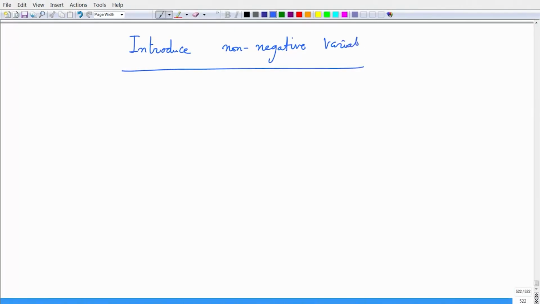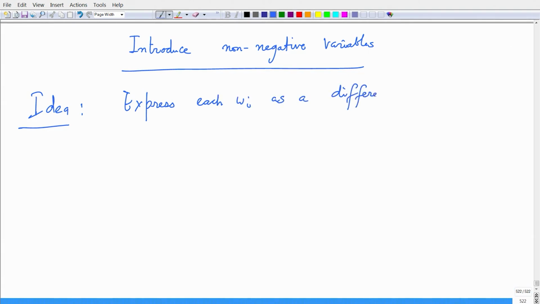Okay. So, we introduce non-negative variables as follows. The idea is to express each Wi as a difference of two non-negative variables.